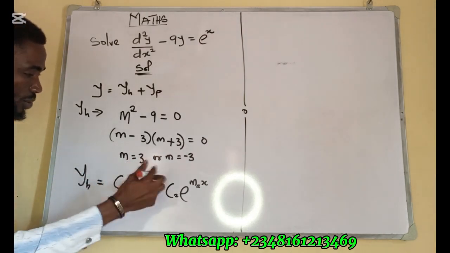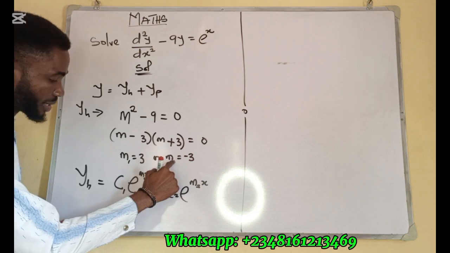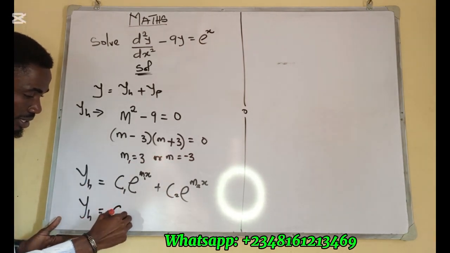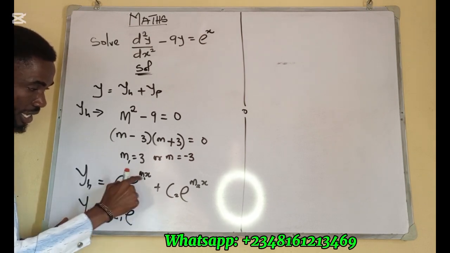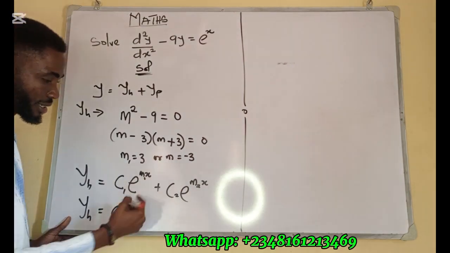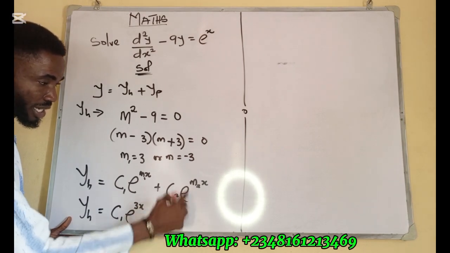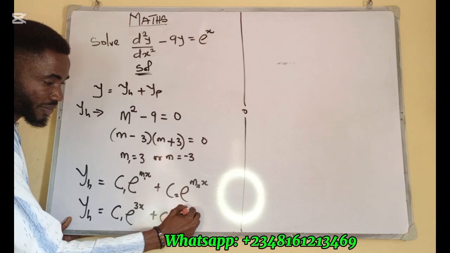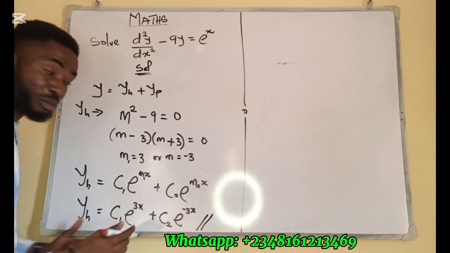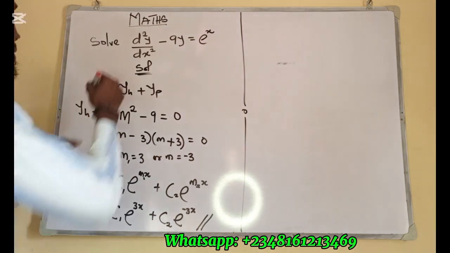Are we together? So our m1 will be this, our m2 will be this. So my y homogeneous will now be equal to c subscript 1 exponential of m1, which is 3, because we have distinct roots, x, plus c2 exponential of m2, which is negative 3, x. So this here is my homogeneous part. Are we together? So we've gotten the y homogeneous.